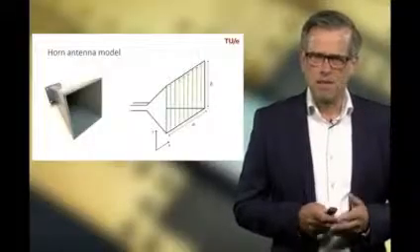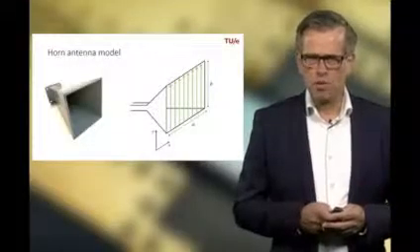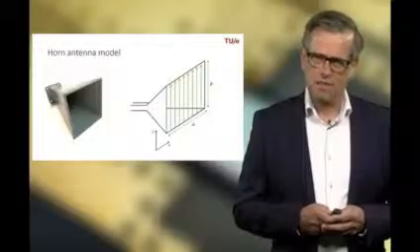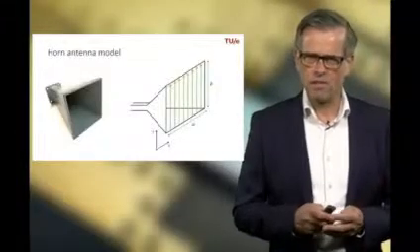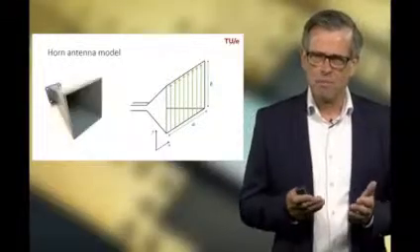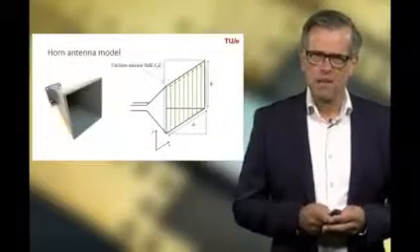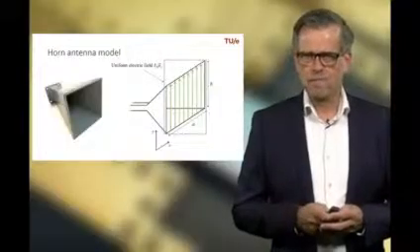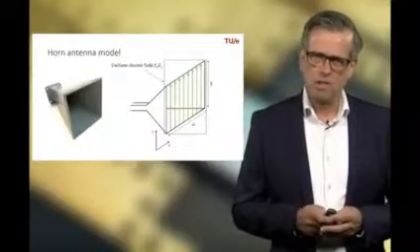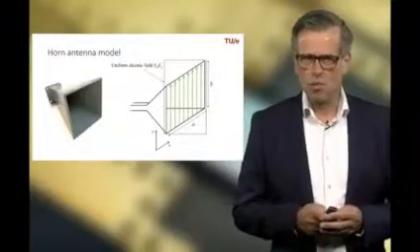Now, we will assume in this model that the electric field is oriented along the y-axis in the aperture of the horn, as indicated here by the green arrows. So we assume a uniform electric field in this aperture, in the direction of the y-axis.